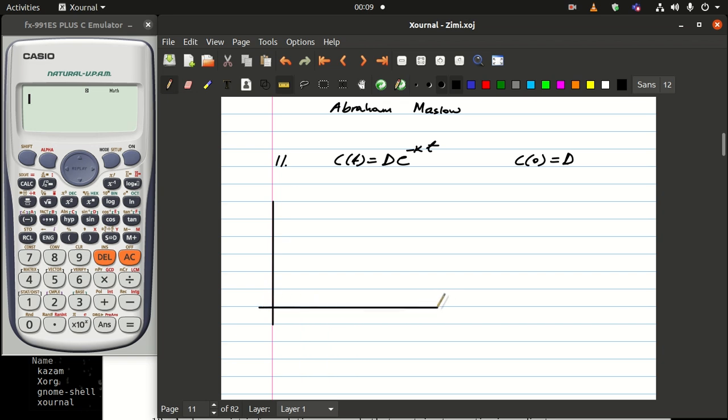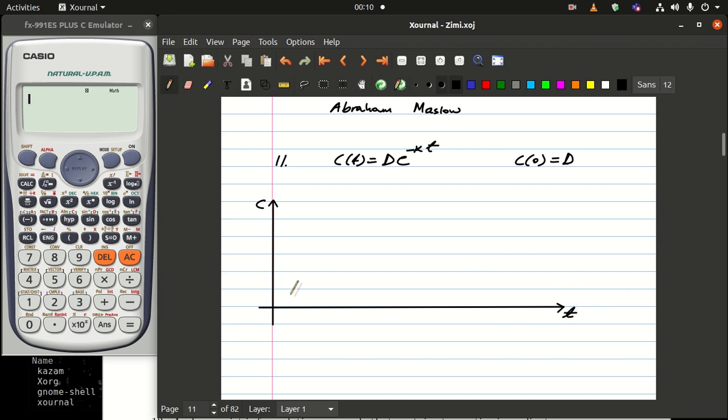So suppose we are having a graph here. I'm going to make my graph look nicer so that you can see what we are doing here. Well, let me remove the ruler. The y-axis will have the concentration, and along the x-axis we will have time.